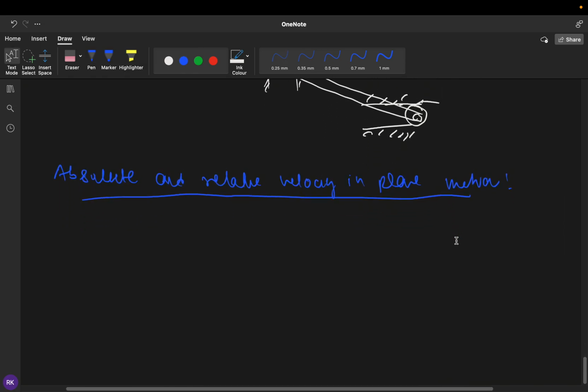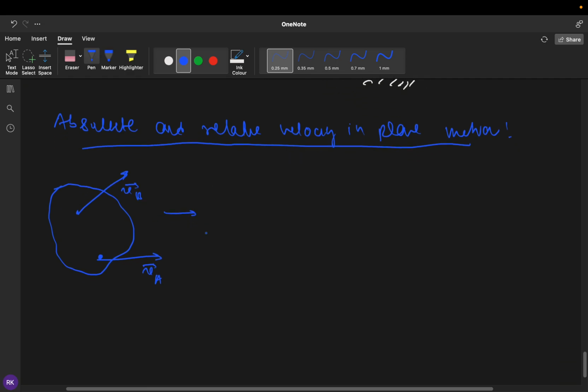I will take an arbitrary body, and there is a point which has velocity va, and there is another point that has velocity vb. Now this motion can be realized by pure translation and pure rotation.